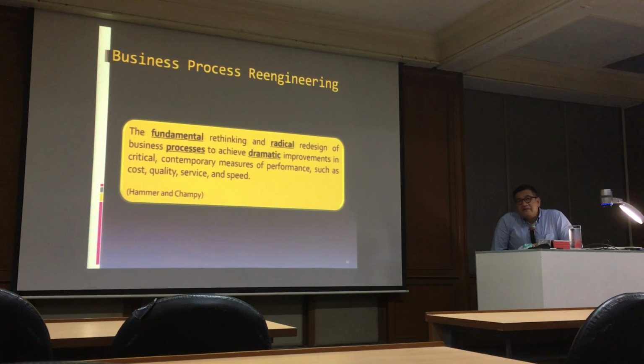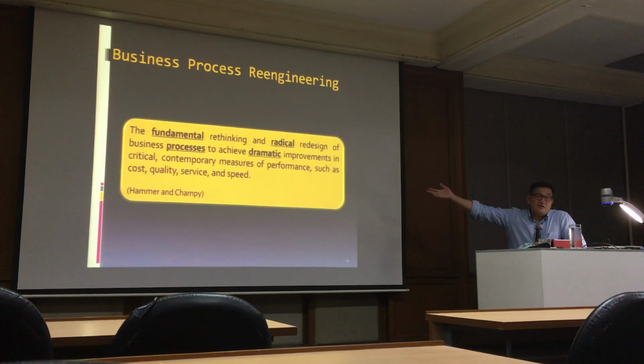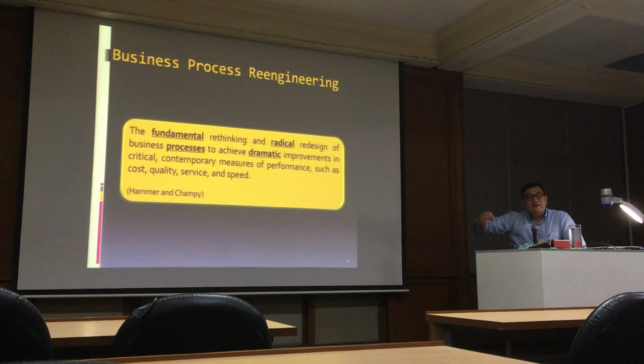If you have the objective to increase just 10%, this is not reengineering. If you're doing reengineering, you expect something very dramatic, right? Like what I showed you about the Thai national ID card format, where you reduce it to 10 minutes, something like that. So this is the dramatic result.